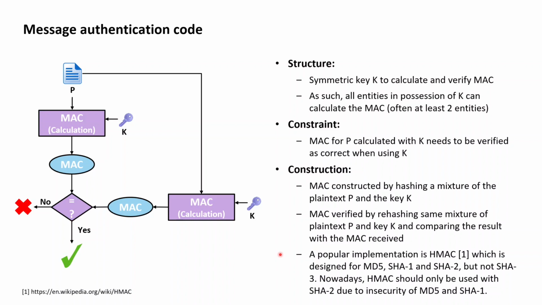SHA-3 is internally built very differently than MD5, SHA-1 and SHA-2, and as such, SHA-3 specifically doesn't apply to HMAC as a construction. Due to the increasing general insecurity of MD5 and SHA-1, it's nowadays recommended that HMAC is only used with SHA-2 as the underlying cryptographic hash function.